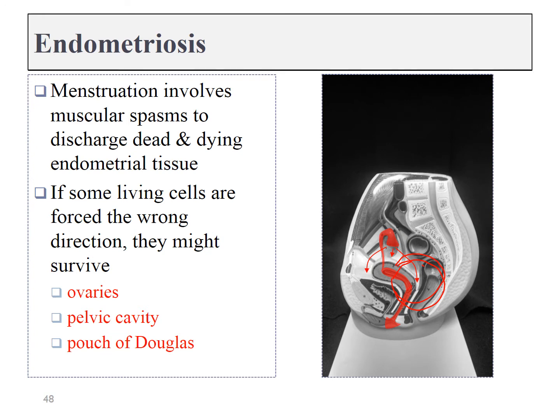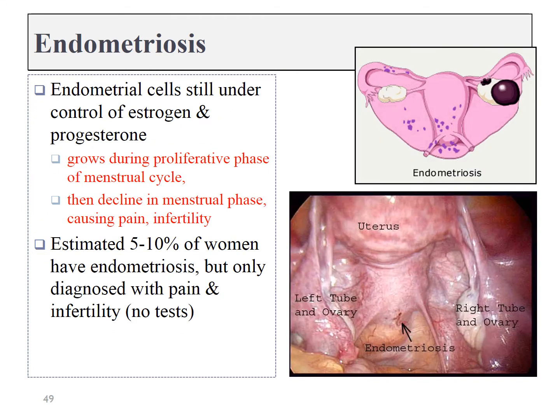Now, if that endometrial tissue is dead, it's not going to be a huge problem. The problem of endometriosis really comes into play when that endometrial tissue isn't quite dead. And that's because endometrial cells behave like endometrial cells, no matter where they're located.